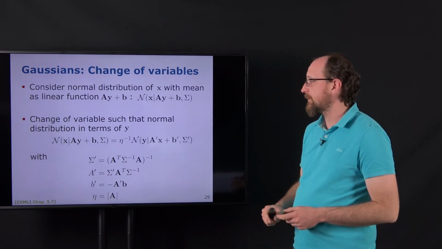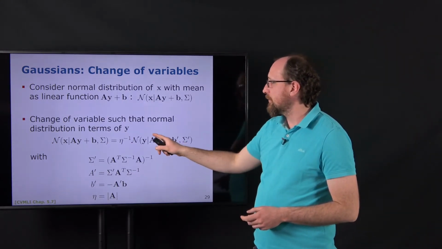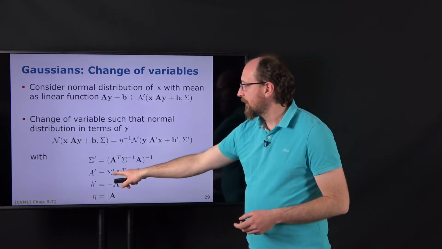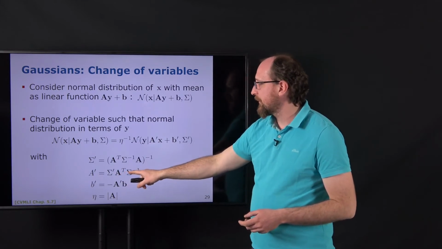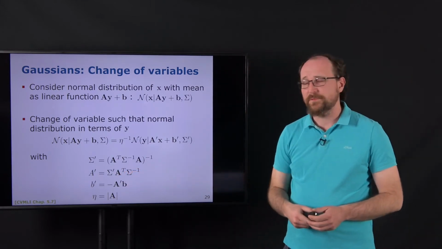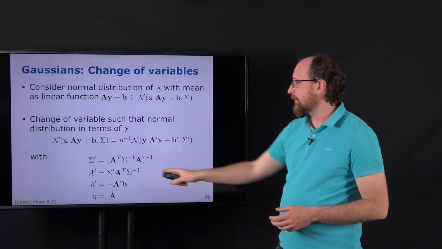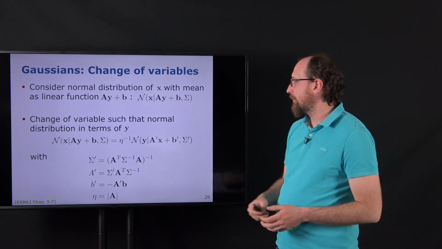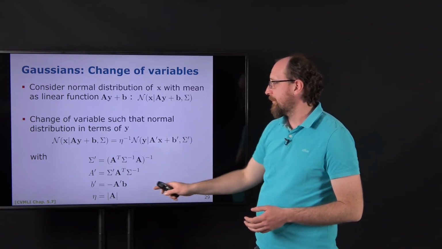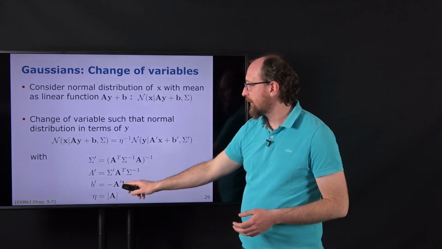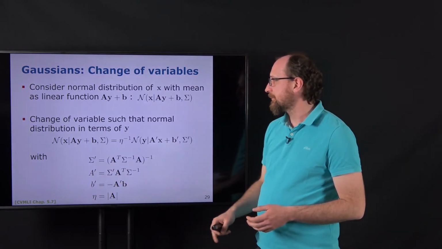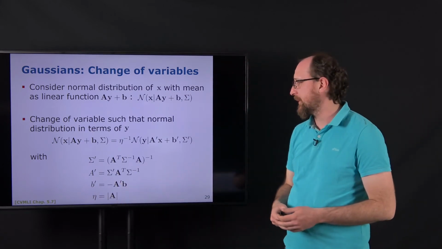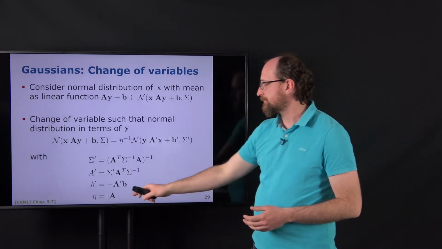And then we can derive also a new linear transformation, which is just sigma prime times A transpose times sigma inverse. And the new b prime is then given by minus A prime times b. And for completeness, the normalization constant is given by the determinant of A.